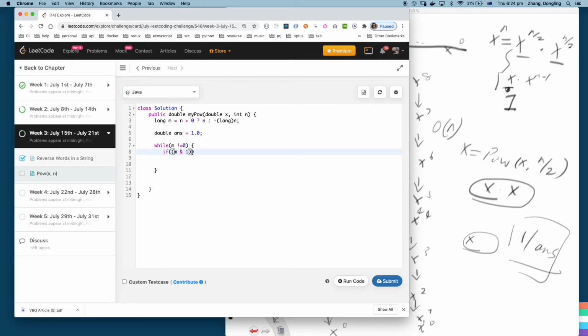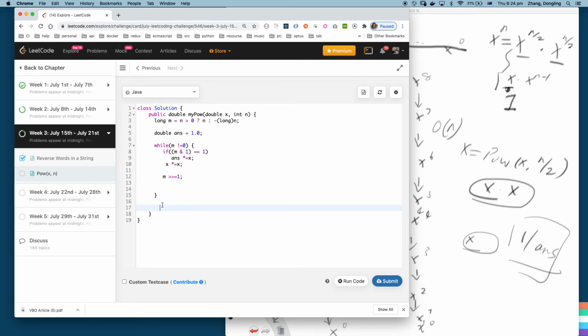If this equals 1, that means this is our base condition, then you give the answer times x. Otherwise, just x times x. And in here we are going to use m right shift 1.